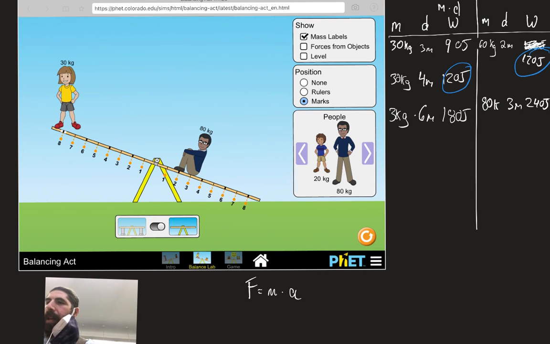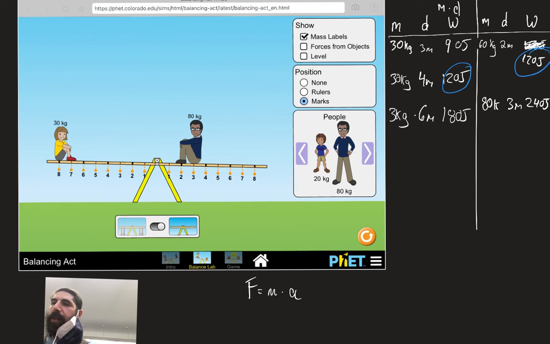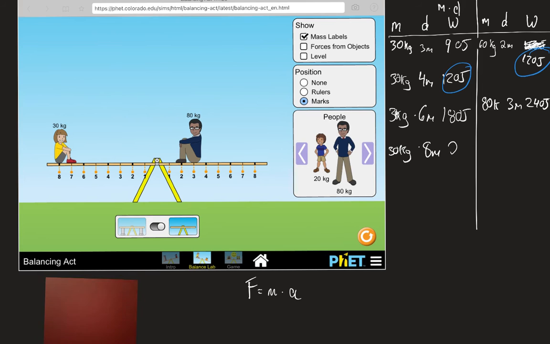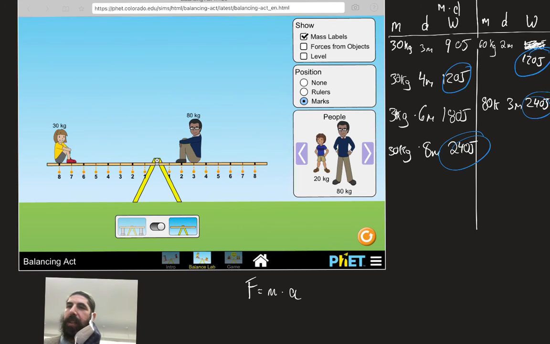However, if we put her all the way out to 8, 30 kilograms times 8 meters does equal 240 joules. And again, the work matches, so the seesaw balances.